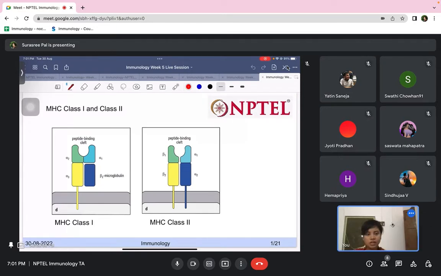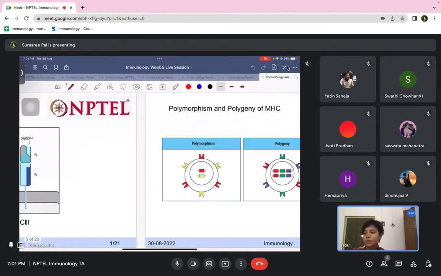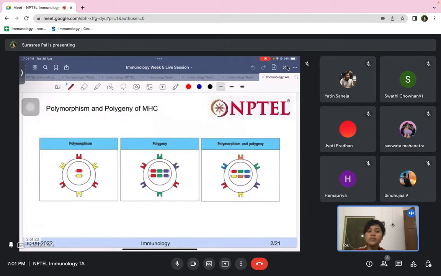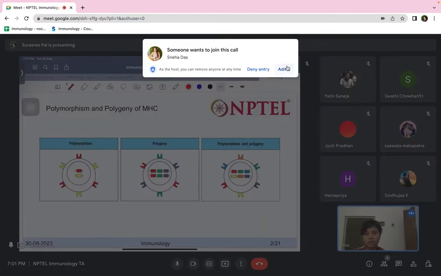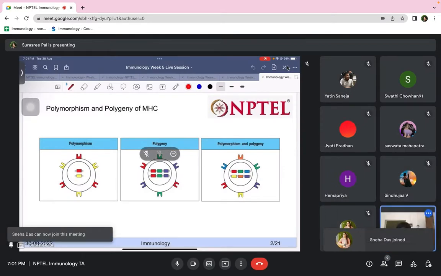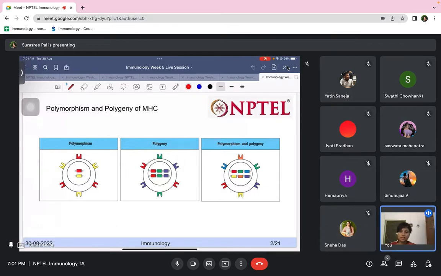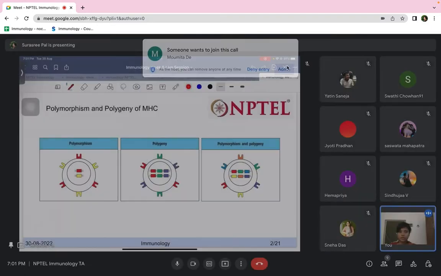No other gene has this many alleles. So here I will introduce another term, polygeny: polymorphism and polygeny. How are these two different and what is the role of these? Polymorphism basically means that you can have many alleles in the population.